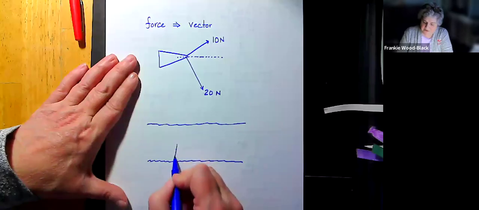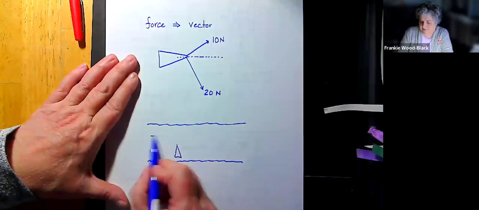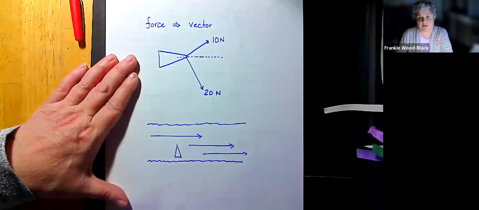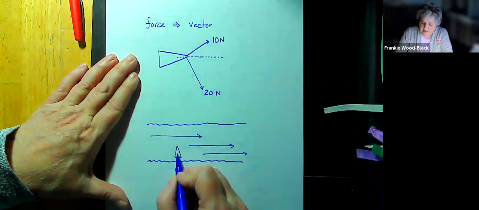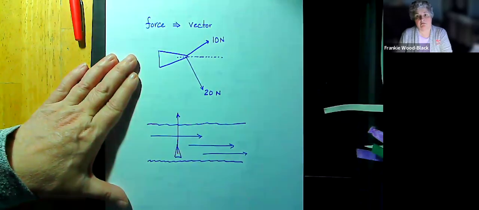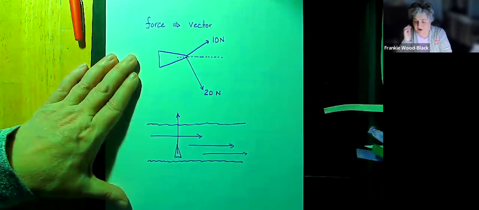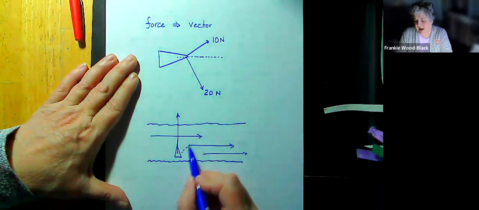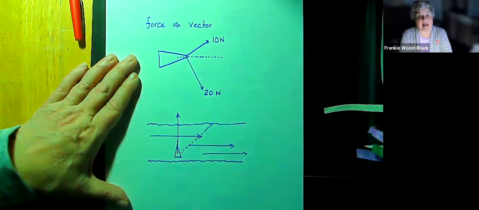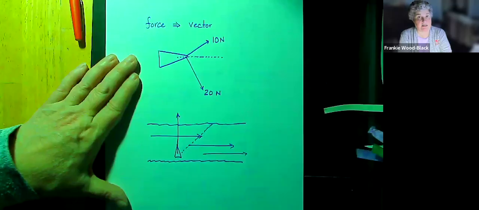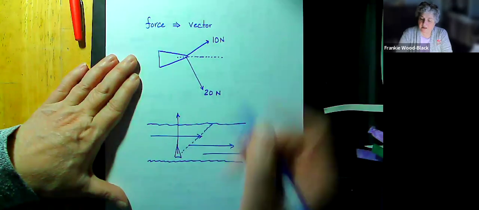If I have a boat that's going across the river and I've got the river flowing here, I've got a force that's acting on my boat. The motor's causing the boat to go that direction. I've got a force in that direction, and the boat's actually going to go something like that, because we've experienced those things before.